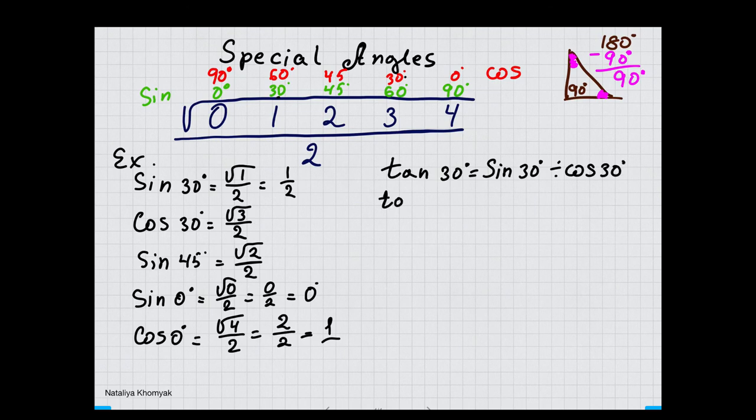So tangent of 30 degrees equals sine, which we have as 1/2 from here, divided by cosine of 30 degrees, which is square root of 3 out of 2.